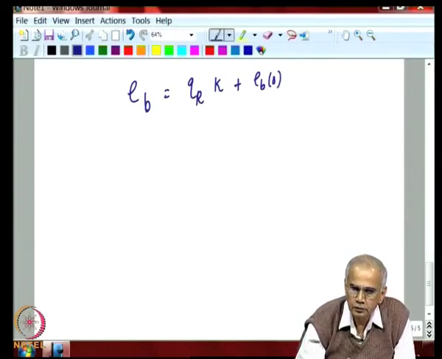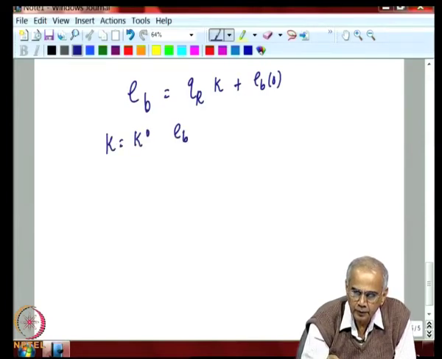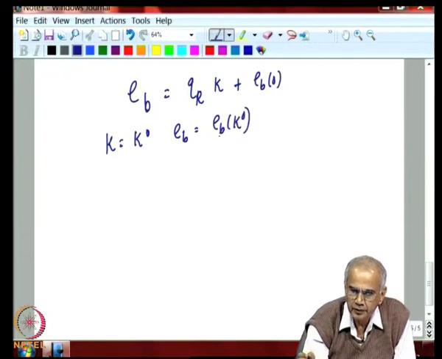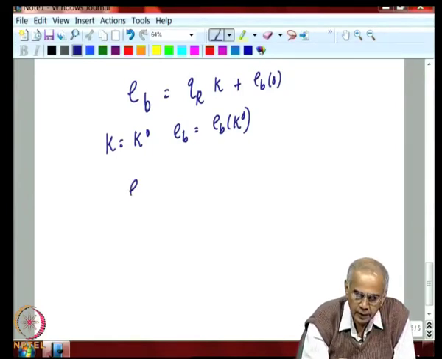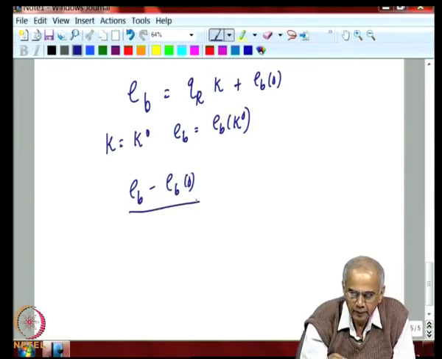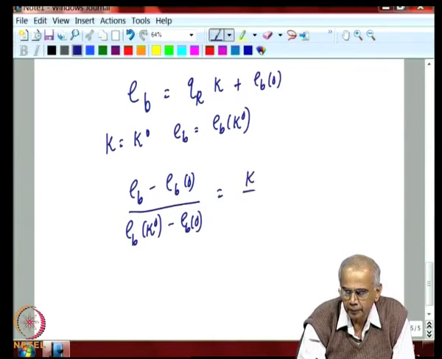You could also of course recognize that at kappa equals kappa 0, at the top, E b has to be equal to the emissive power at the gas temperature at the top. You substitute all this, then you get a simple result which says that E b minus E b of 0 by E b of kappa 0 minus E b of 0 is equal to kappa by kappa 0.